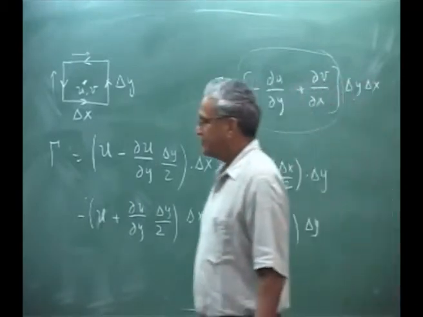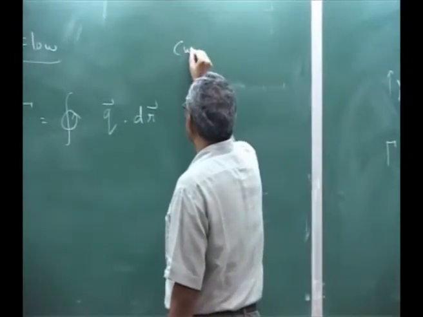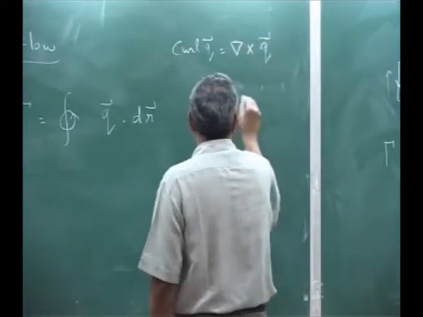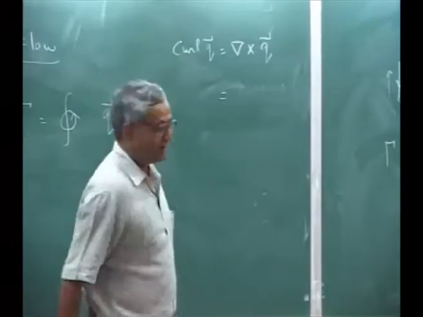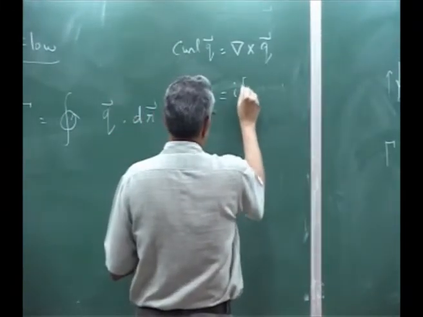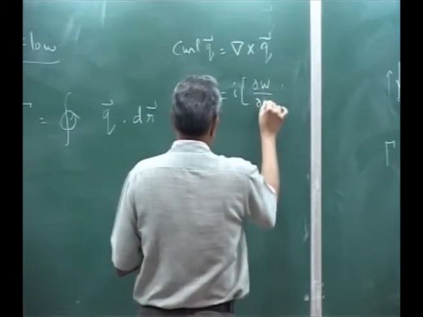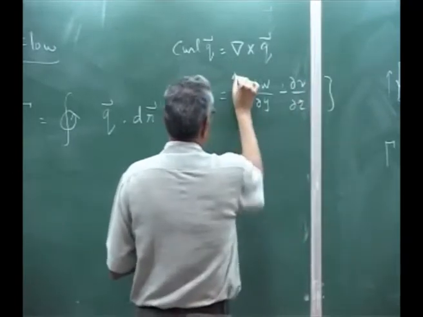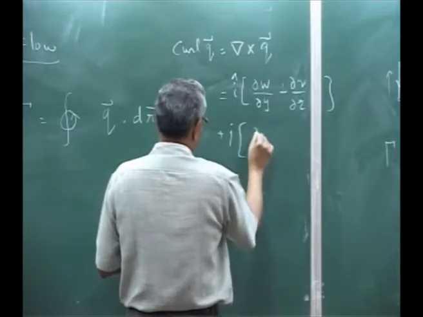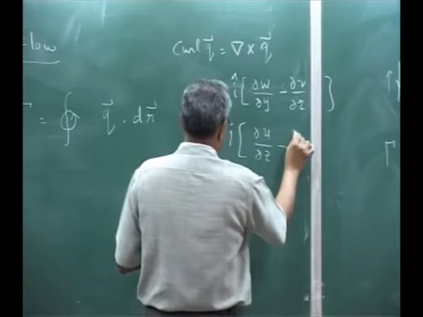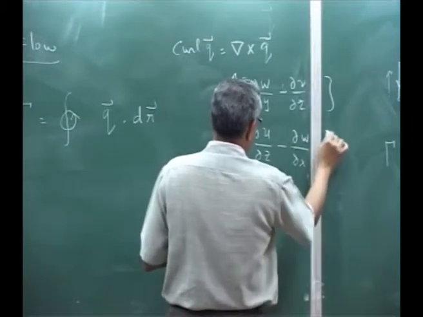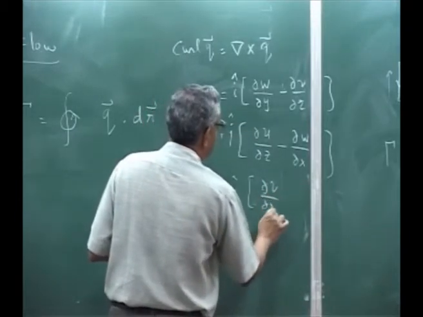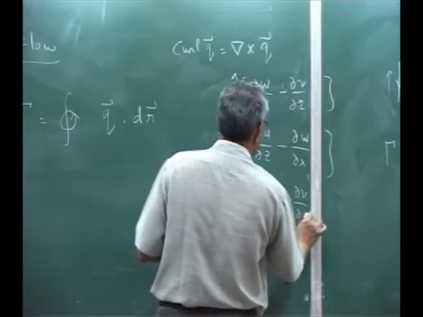is nothing but, if you define curl q as del cross q, the i component is delta w by delta y minus delta v over delta z, plus j, delta u over delta z minus delta w over delta x, plus k into delta v over delta x minus delta u over delta y.